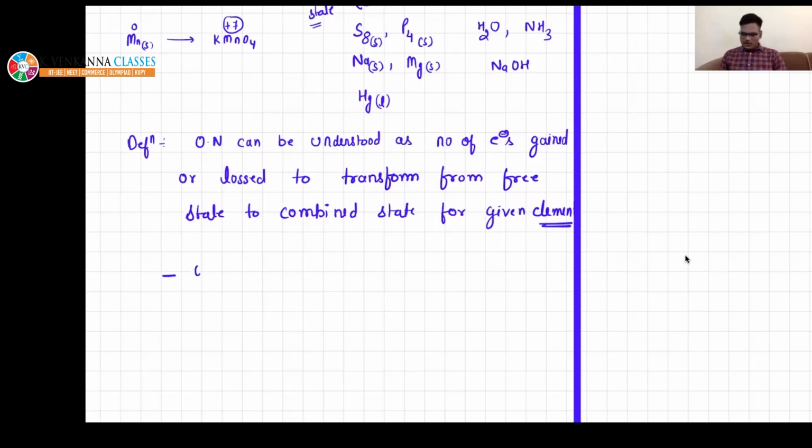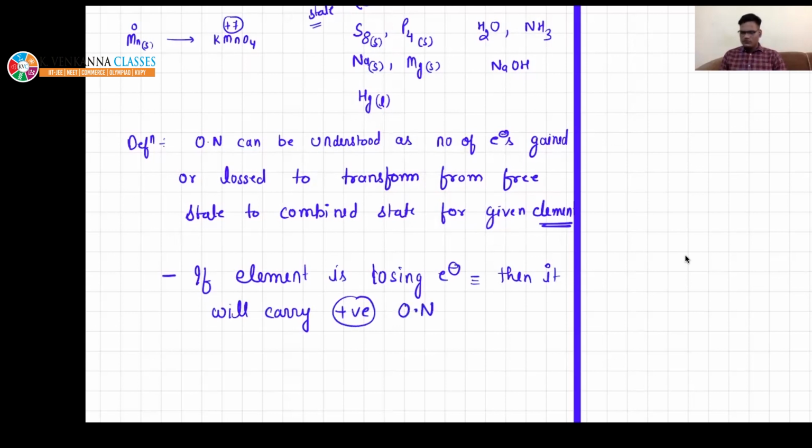So if an element is losing electrons, then it will carry positive oxidation number. Did you get it, or shall I repeat it?